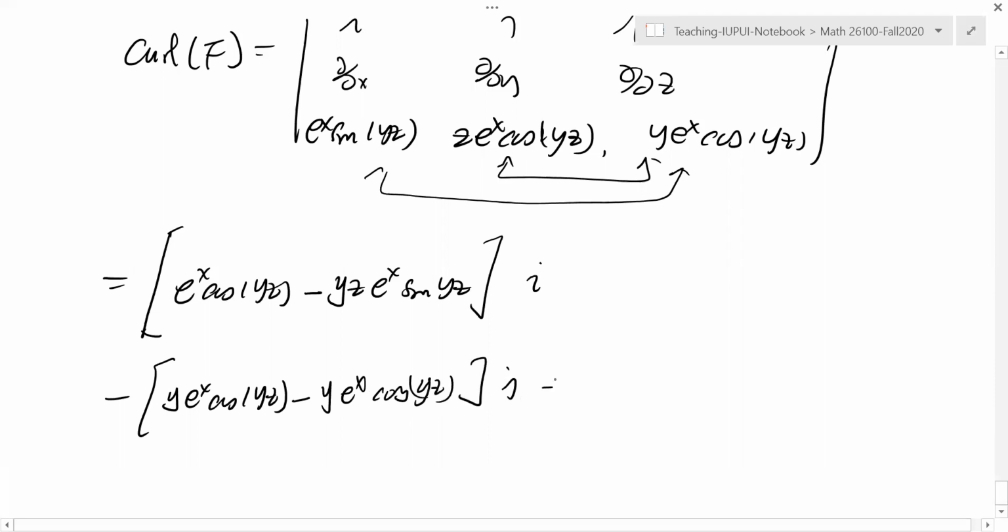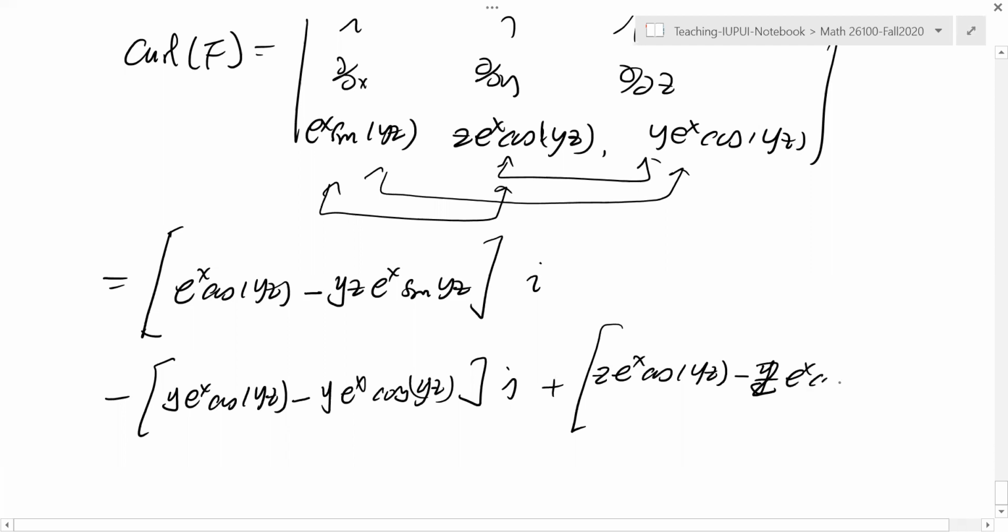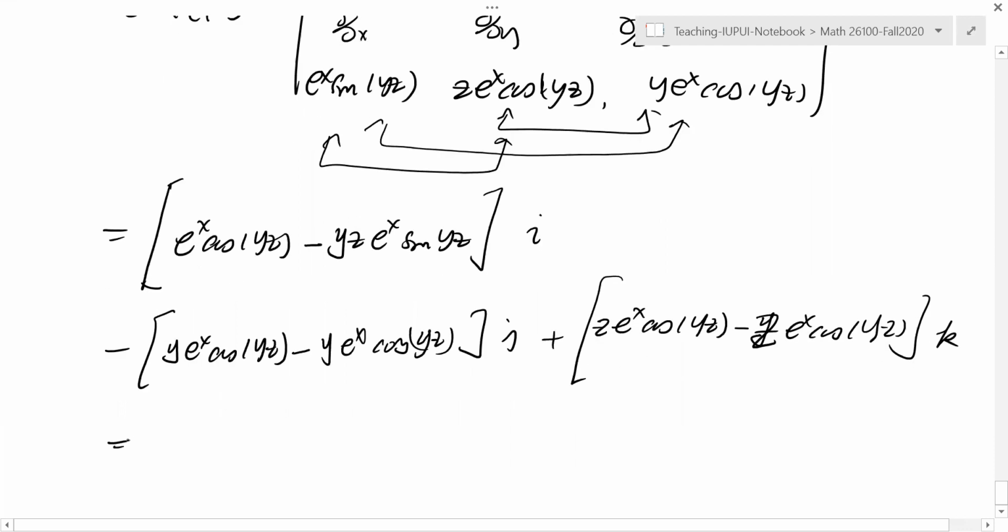Not too bad. Plus those two, right? So when I differentiate, you get this minus y minus z e to the x cosine yz. So carefully we check.